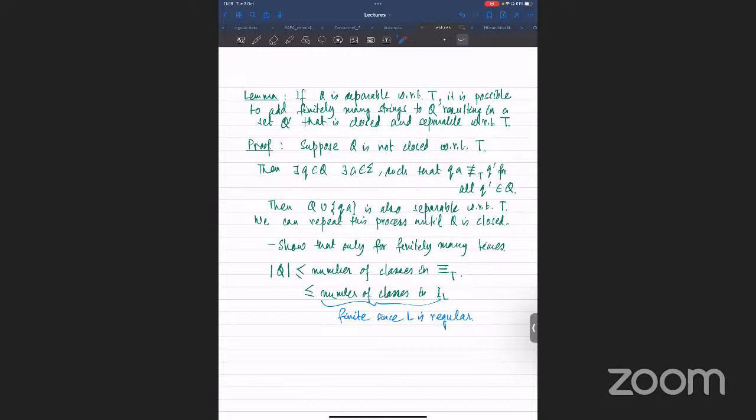This T-equivalence is defined based on membership to L. So essentially, you check whether qa t belongs to L and q prime t belongs to L, for all t belonging to T. You are doing the membership query in these phases.